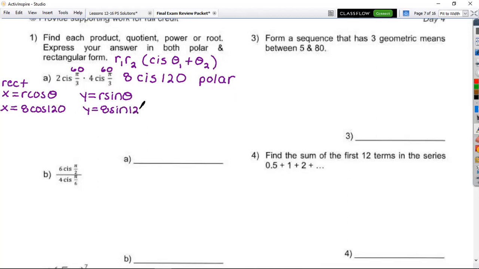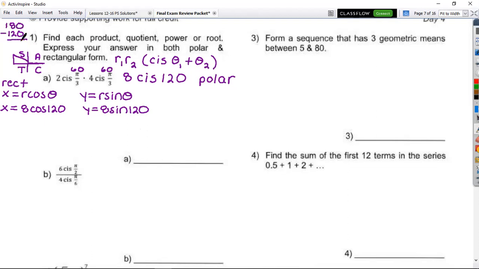And now you have to remember these angles. So 120 degrees is a second quadrant angle. I'm going to do that up here. So I'm right here. I'm going to label ASTC always, anytime you're doing your trig. And then I find my reference angle. In quadrant 2, I'm going to go 180 minus 120.